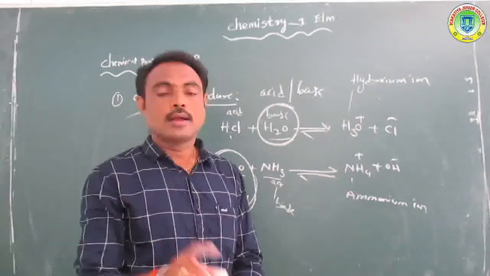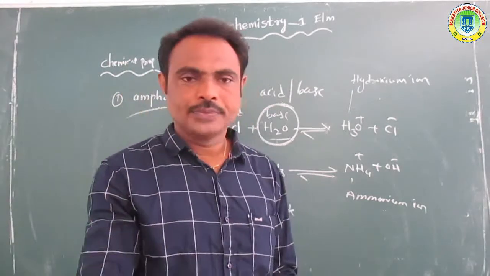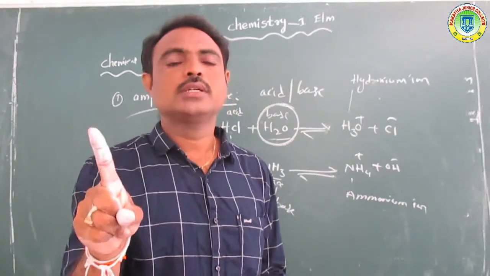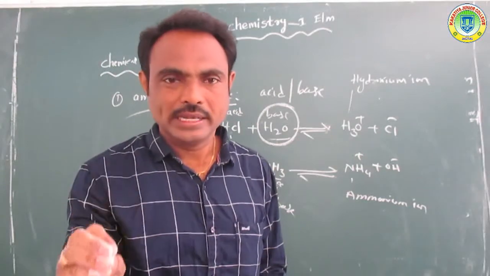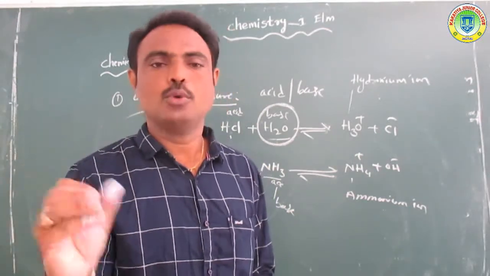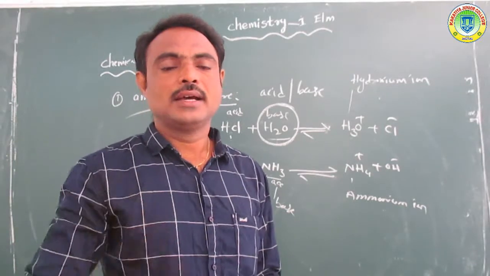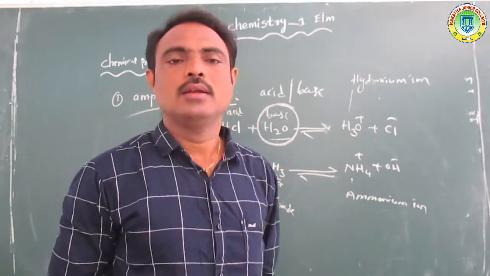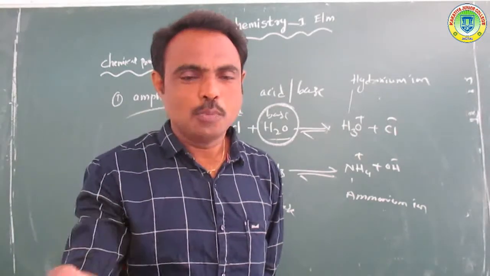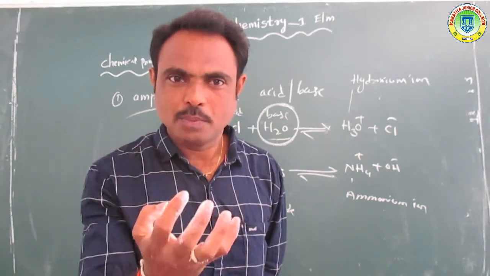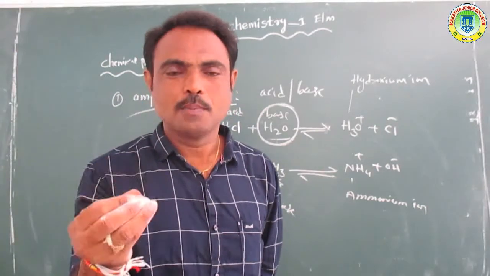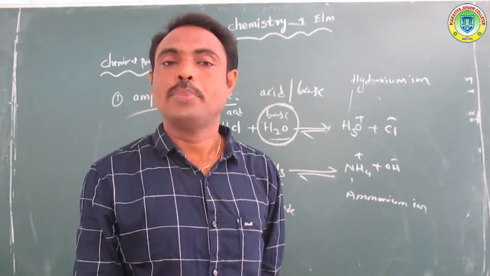Okay, it is very important: according to Bronsted, the compound which donates the proton or H plus ion to another compound is called an acid. The compound which accepts the proton from another is called a base.